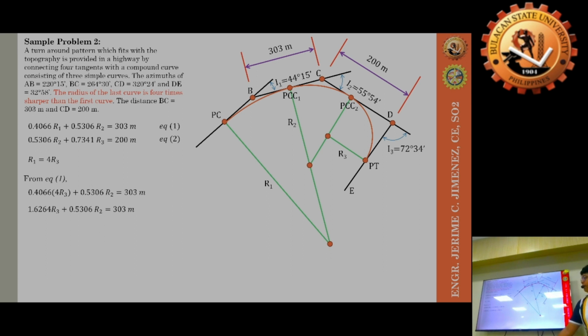Makikita nyo, itong equation na to, tawagin natin siyang equation 3. Makikita sa equation 3 at sa equation 2, may makakancel using simultaneous equation or solutions.